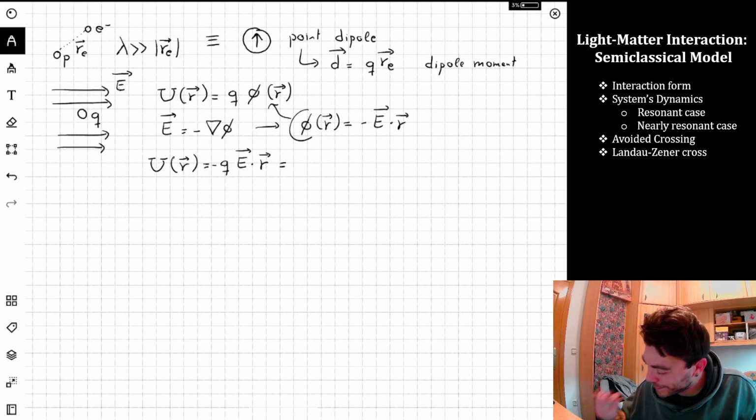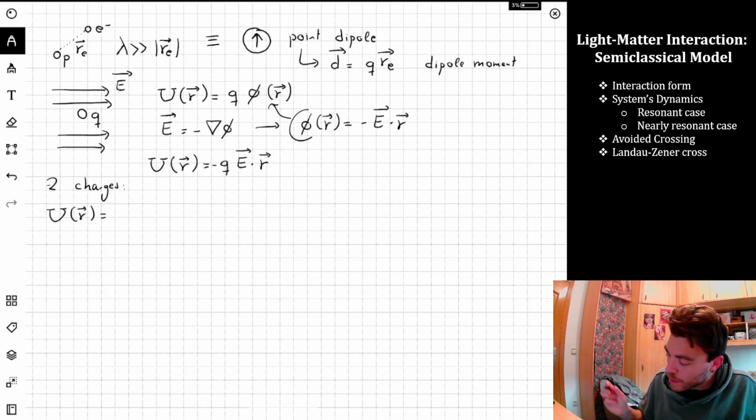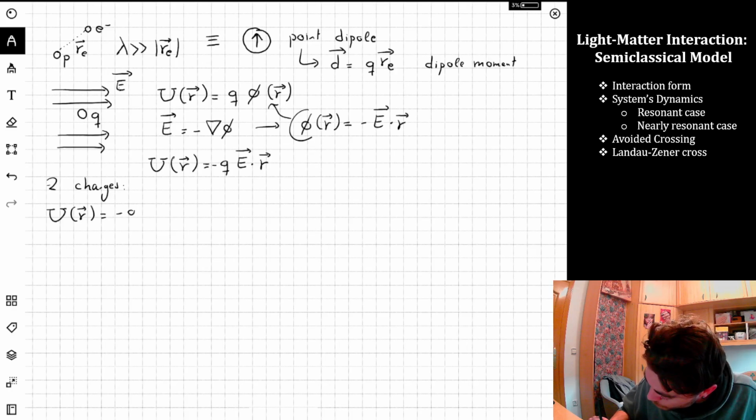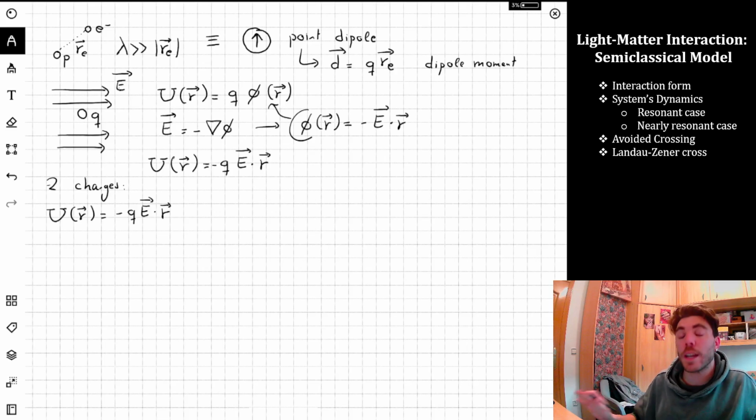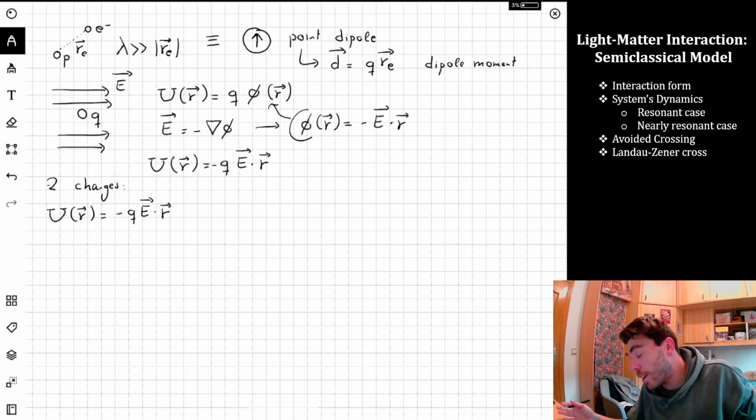But wait, I advanced it a little bit. So imagine now that we have two charges. Sorry for that detour. You have two charges, we just sum both of them, and we have that the energy is minus Q times E times R. I'm considering again the electric field to be uniform at that point, which is true for our dipolar approximation.